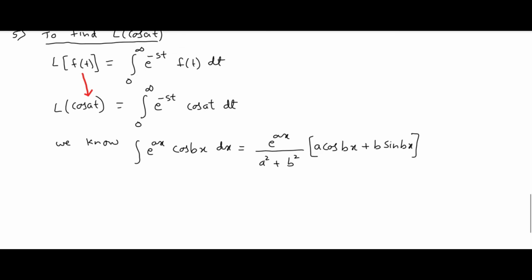So if you try to compare the coefficients in this case, your value of a over here is minus s. The value of x is nothing but t, and value of b is nothing but a.